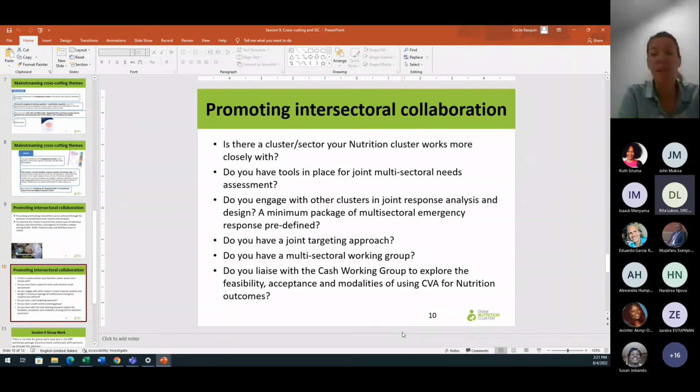This is key in defining the priority locations.